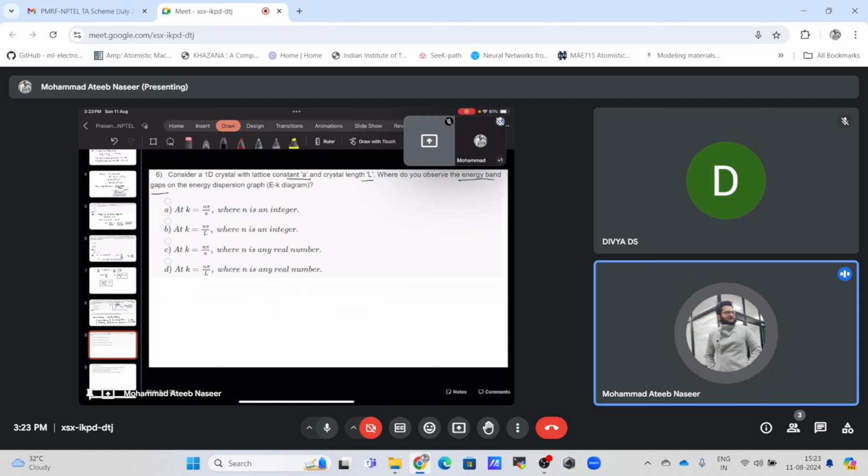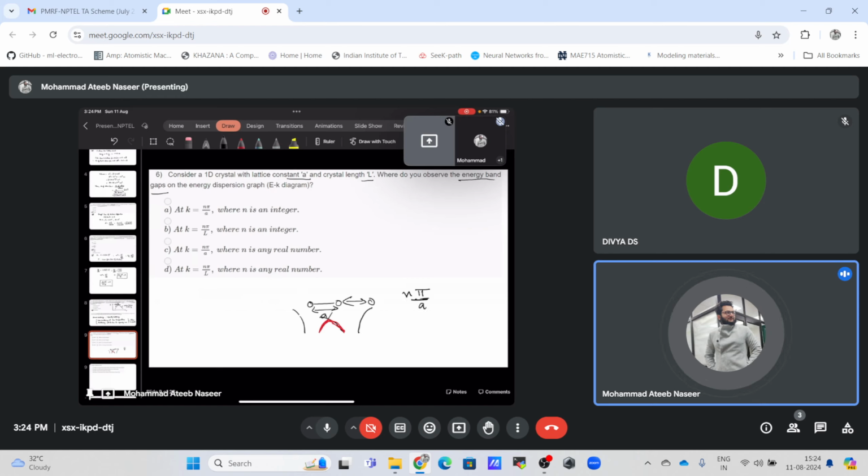As you have seen for a 1D crystal, if this is the spacing, we will have these atomic potentials interacting with each other, and as a result we will have a gap. It's not always the band gap, I would say the gap originates at the integer multiples of pi by a.